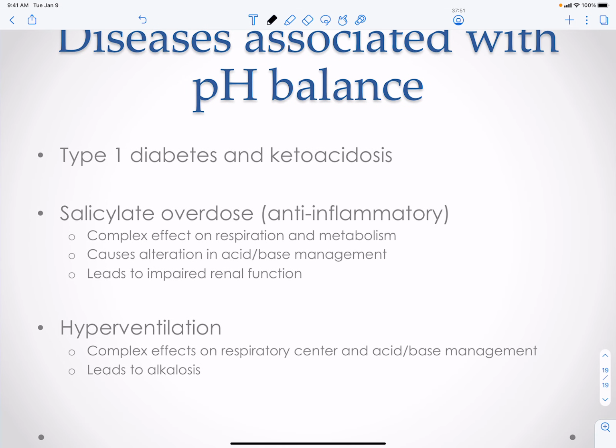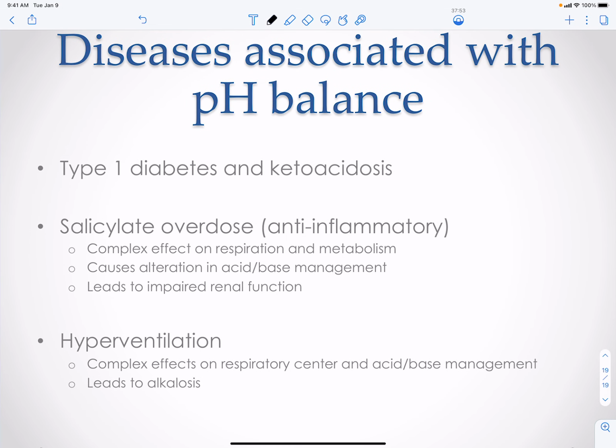Now, just really quickly, some diseases associated with pH balance or imbalance: type 1 diabetes and ketoacidosis. So type 1 diabetes, you have no beta cells in your pancreas. It's an autoimmune disease. And you have no insulin.